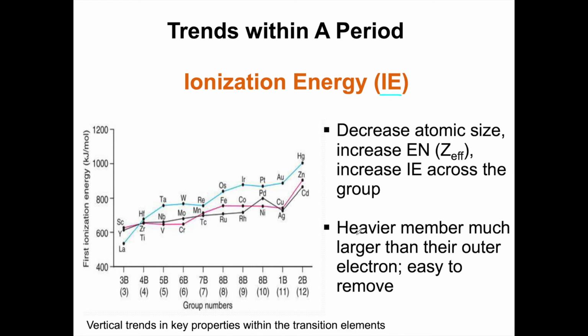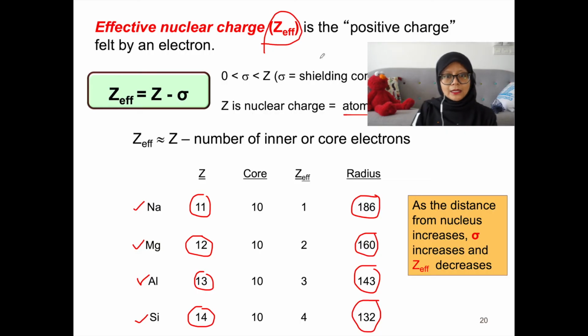And heavier members are much larger, so the outer electrons are easy to remove. So what is Z effective? Z effective is the effective nuclear charge, or the positive charge felt by an electron.